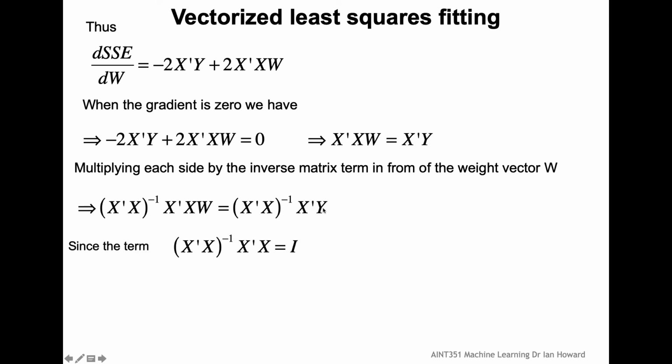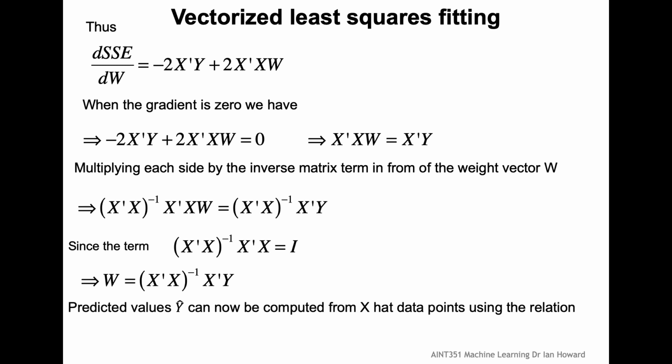And a matrix multiplied by its inverse is going to be the identity matrix, so we can actually ignore it. Therefore we end up with the expression for w, which equals x transpose x inverse multiplied by x transpose y.